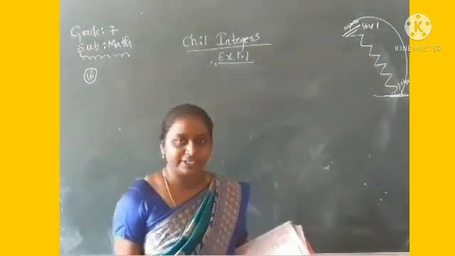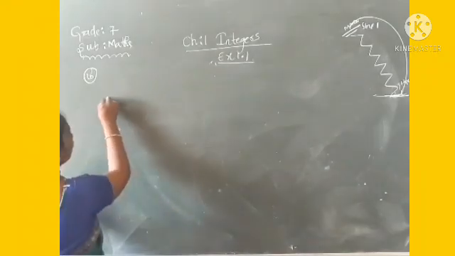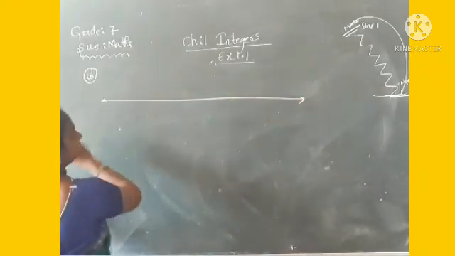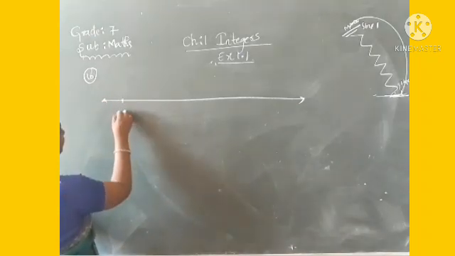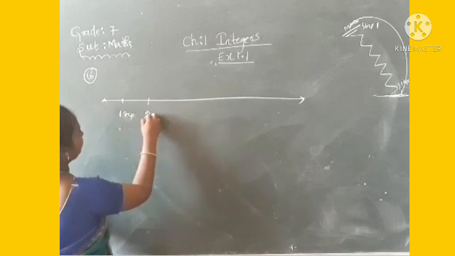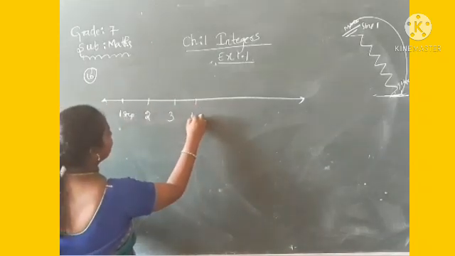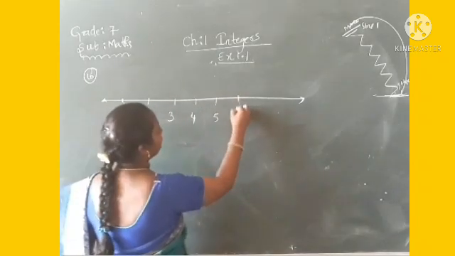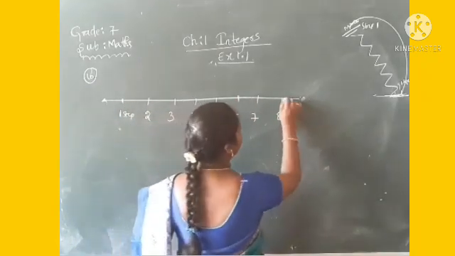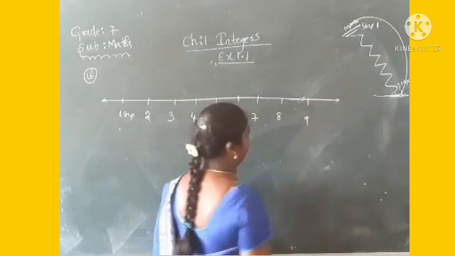For that we can show it diagrammatically. See, for example, draw a line. Here take the steps: the first step, step 2, step 3, step 4, step 5, step 6, step 7, step 8, step 9.